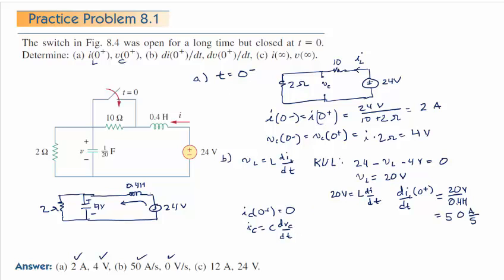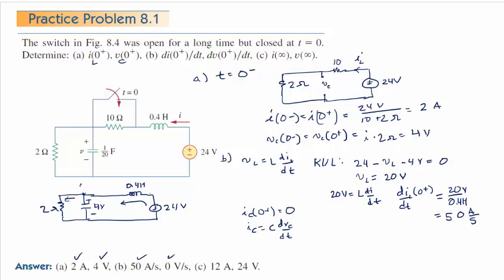So let's do that. This is at 4 volts, but there's no current flowing here. But I can do KCL in this loop. Current into this node equals current out of this node, and we can prove that there's no current flowing in this node right here. So this was 2 amps.